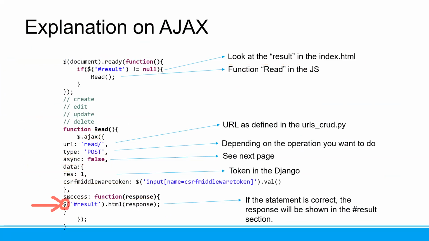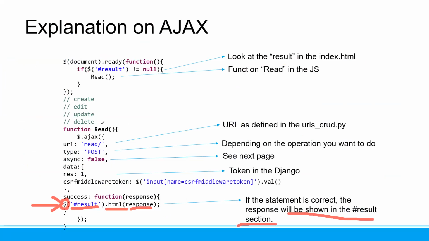The dollar sign is again jQuery. And then we have the ID result. So I want to put it in the ID result, in the form of HTML. And this will be the response. It means the response will be shown in the ID result section.